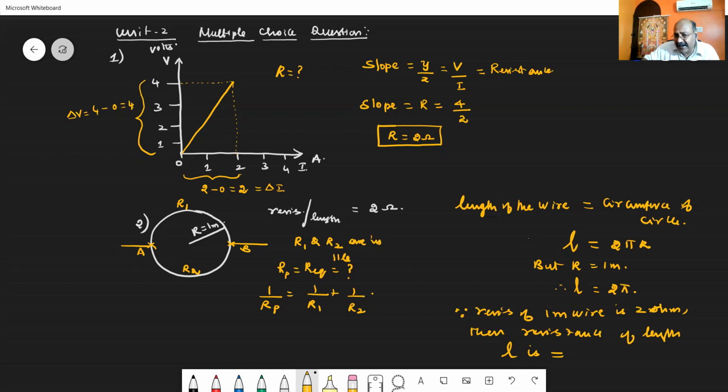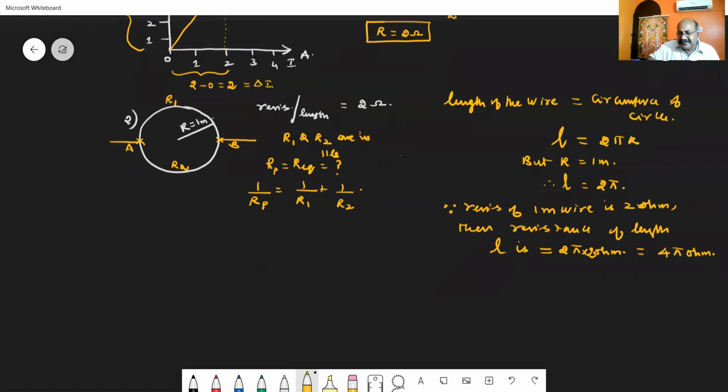Resistance of length L is then equal to 2 pi times 2 ohm, isn't it? For 1 meter length, the resistance is 2 ohm. For a length of L, which is 2 pi, it is 2 pi into 2 ohm. So I get 4 pi ohm, which is the resistance for the whole length. That resistance is divided into two halves.